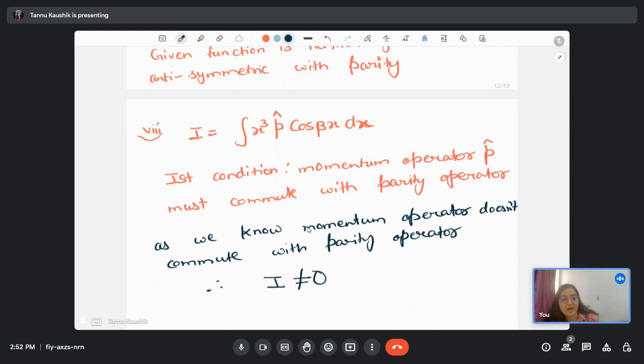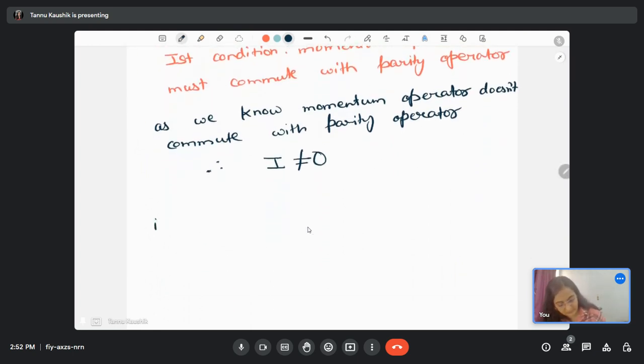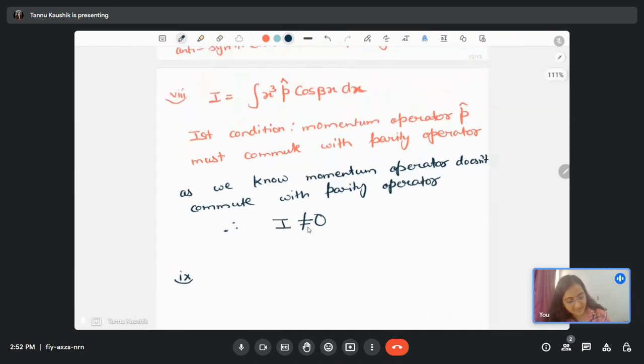So the first condition is not even satisfied, then there is no benefit of moving to the second condition. We have to make sure firstly our first condition is satisfied, and then we will move on to the second condition to find out whether this psi I, that is x cube here, and psi j, that is cos beta x, are both odd or both even. So based on that we will go on to the second condition. When our first condition is not fulfilled, then from that only we can conclude that transition dipole moment integral I is not equal to 0. Okay.